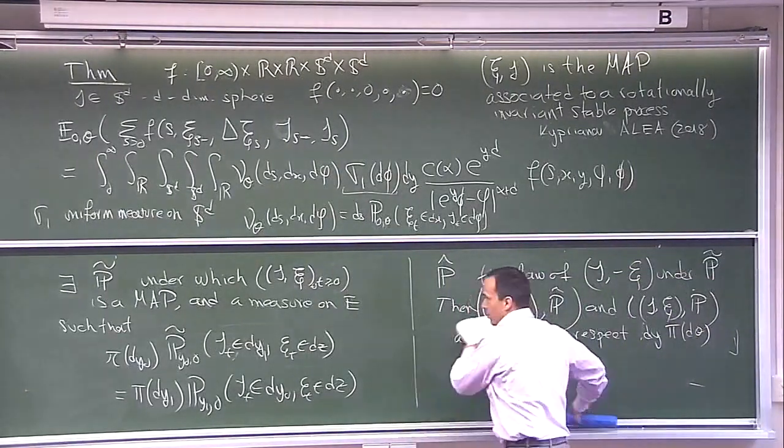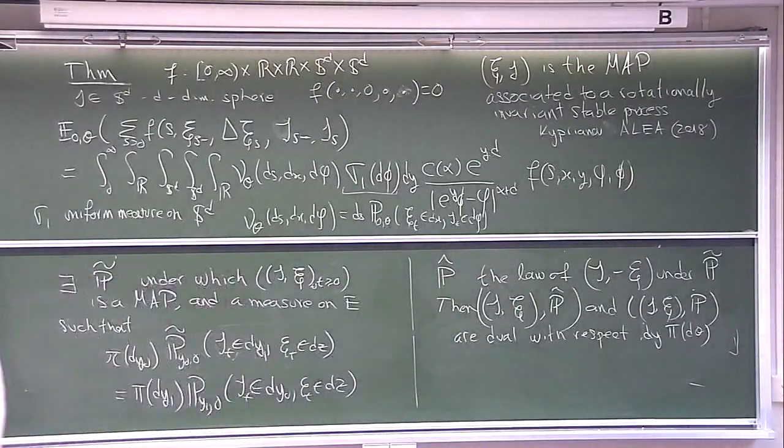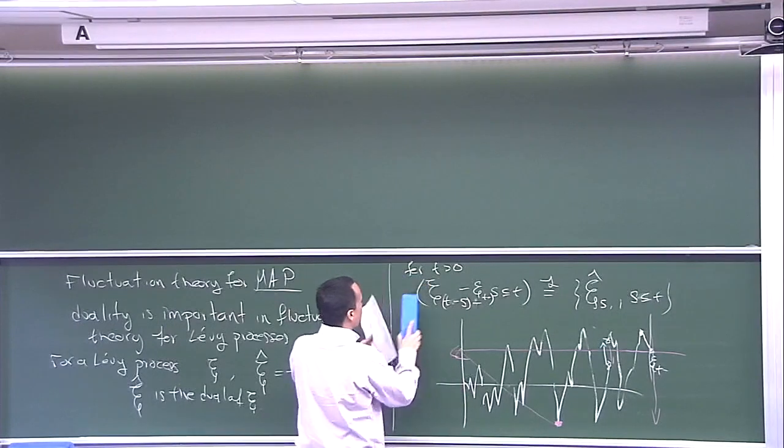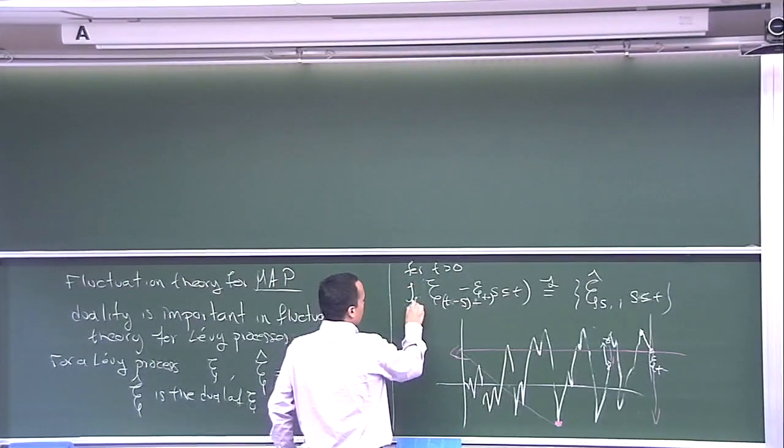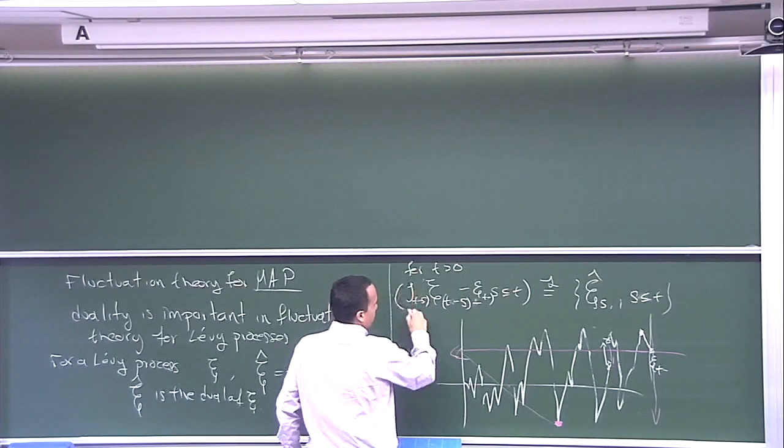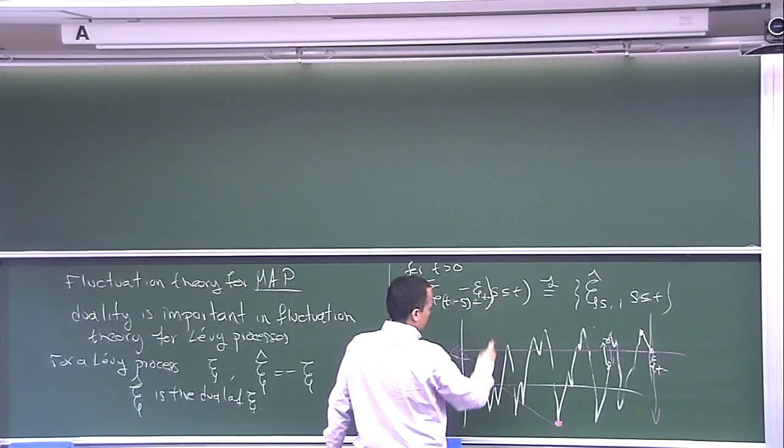If we have this property, then we have this property here. We can just add another coordinate.